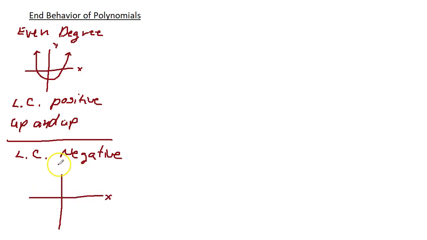There's our x-axis, our y-axis, so it opens down like this. This would be a negative leading coefficient. How does our book describe this? As you go to the left, it's going down. As you go to the right, it's going down. So they describe it as down and down.